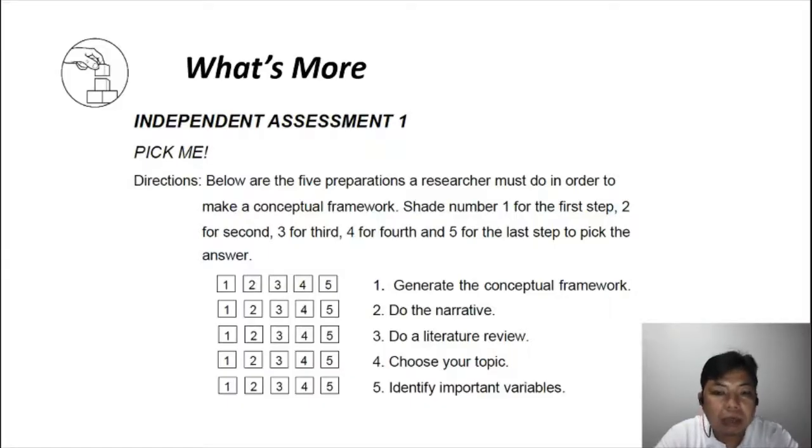So, kanina pinag-usapan natin yung iba't ibang steps na paggawa ng conceptual framework. So, dito you're just going to be identifying ano bang step 1, ano bang step 2, step 3, step 4, and step 5. So, shade nyo lang or identify nyo or sulat nyo sa answer sheet nyo kung ano ba yung step given. 1 pag first, 2 pag second, 3 pag third, 4 for fourth, at 5 for fifth.